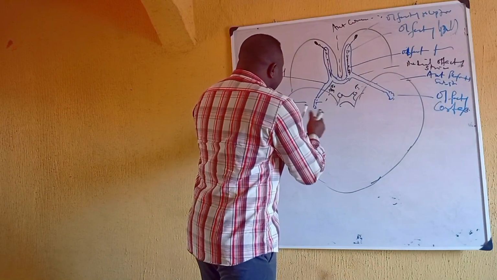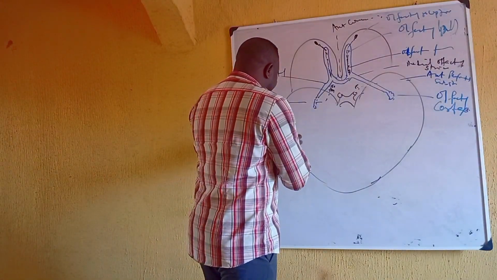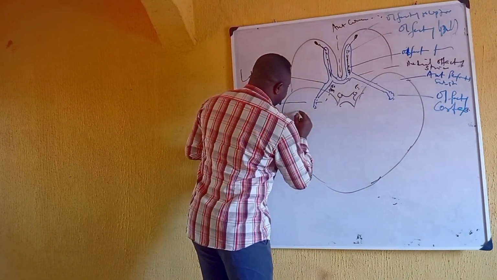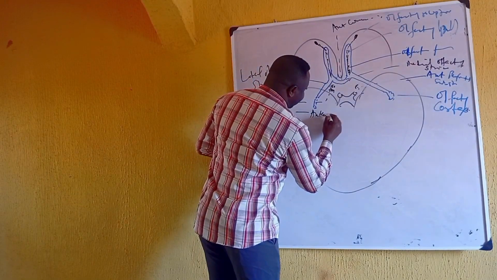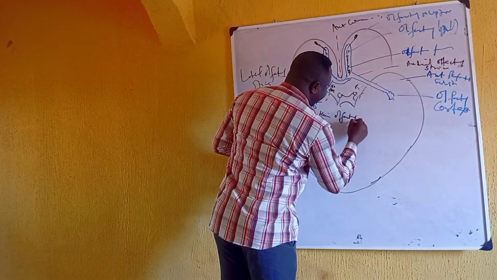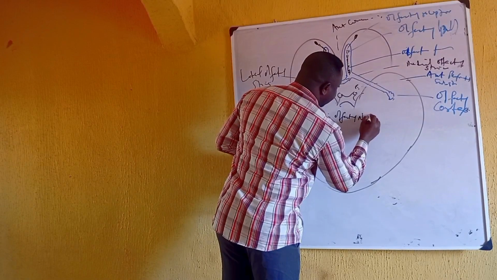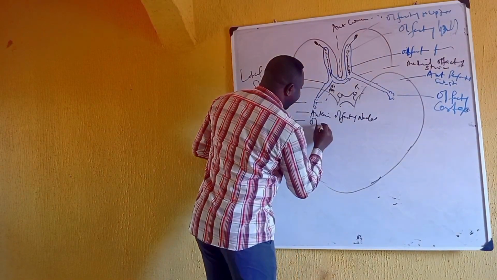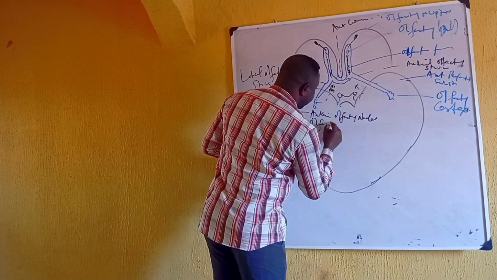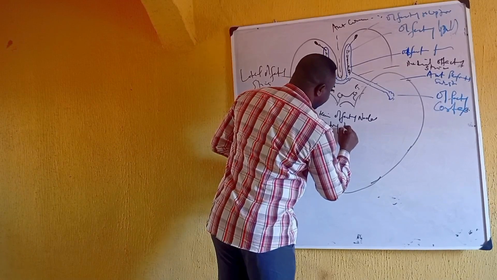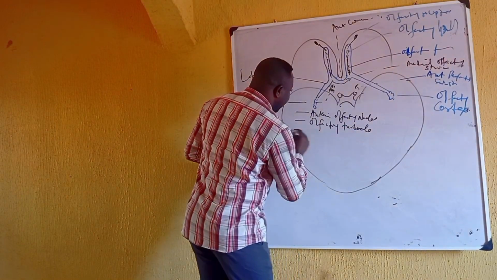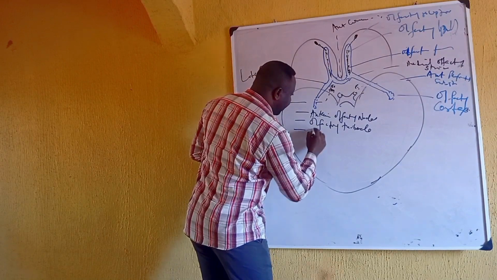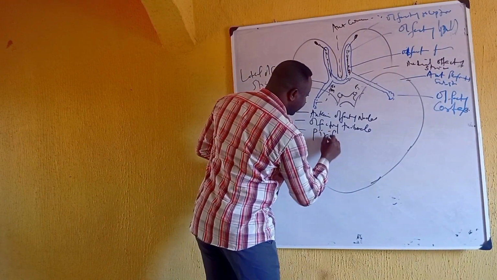Now, the olfactory cortex consists of, number one, the anterior olfactory nucleus, the olfactory tubercle, and then we have the piriform area.